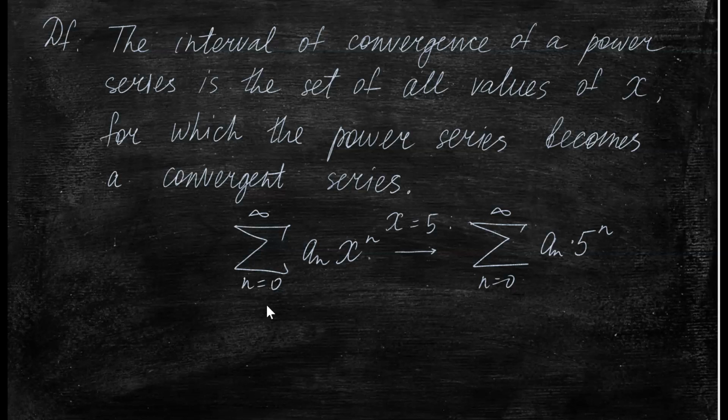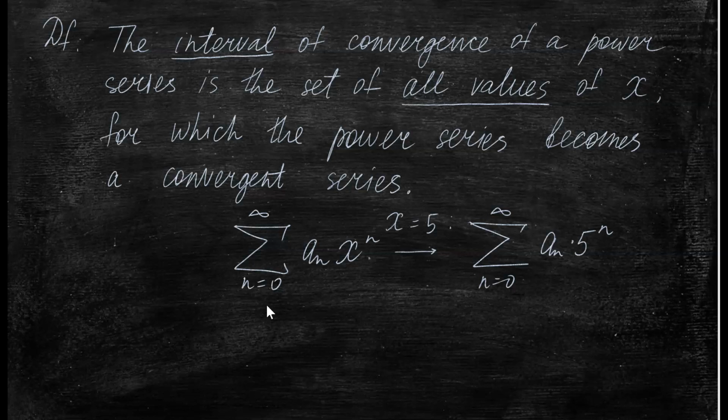And the first significant observation here is that all such values actually form a continuous interval. So the set of values of x for which the power series becomes a convergent series is always an interval. It's never a discontinuous or disconnected set of numbers.